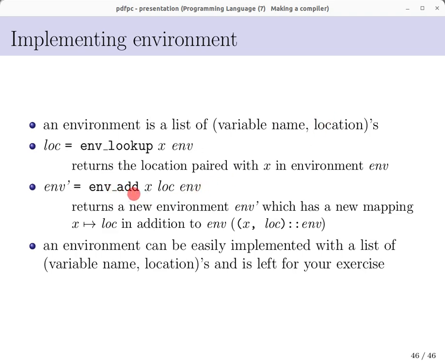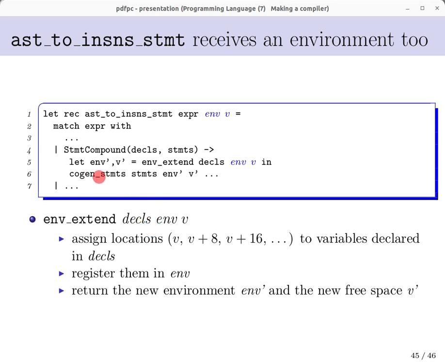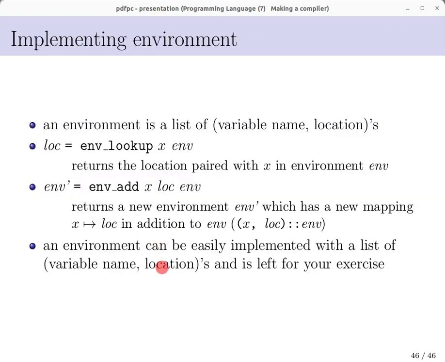Env add is a function that adds a single pair of variable name and location to this environment. It simply adds a new pair x loc at the beginning of this list. And of course, env extend can be implemented by repeatedly calling this env add. The env extend is the one I have just talked about in the last slide.